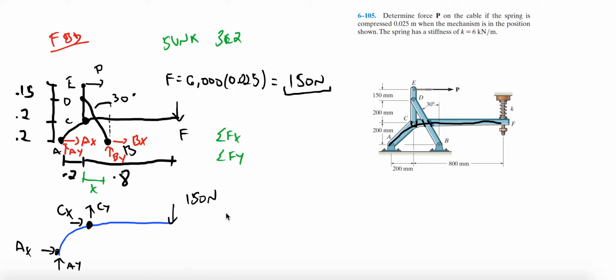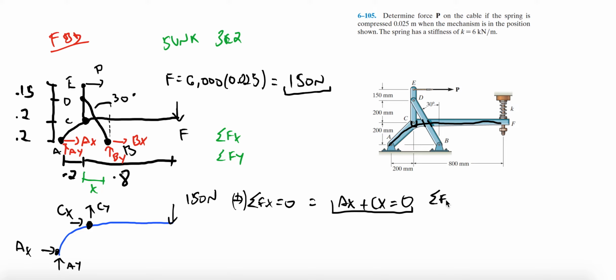So through this link we can get some information for sure. We won't be able to solve those. So we can use 3 equations, right? Let's start with sum of the forces in the x equals 0, positive to the right. Then we get Ax plus Cx equals 0. Cool, so that's one equation.